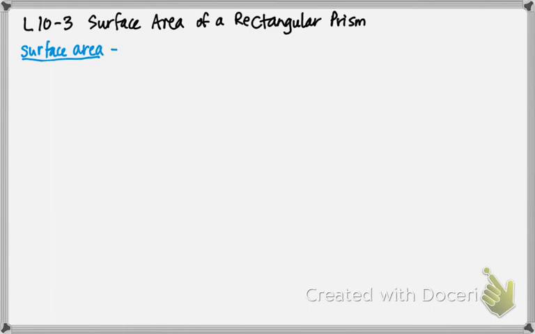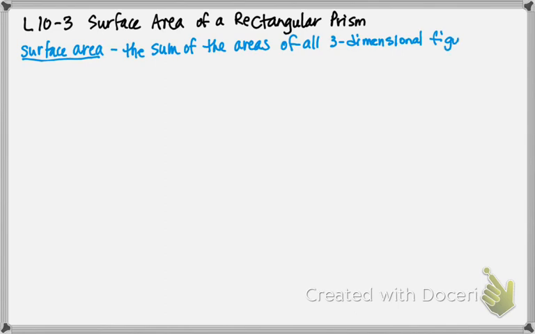So when we're talking about surface area of a prism, we're talking about the sum of the areas of all three-dimensional figures, faces, or, spelled out all the way, surfaces.